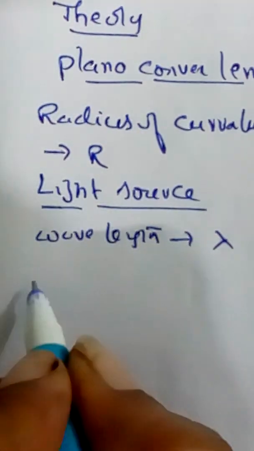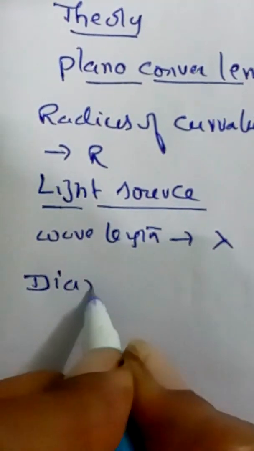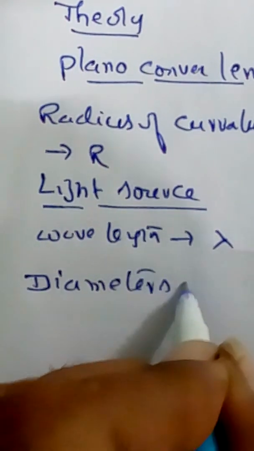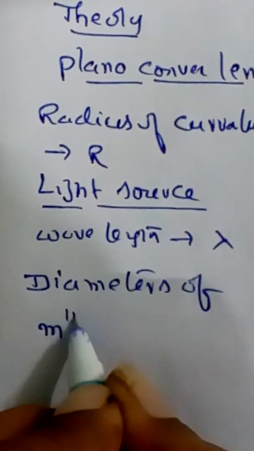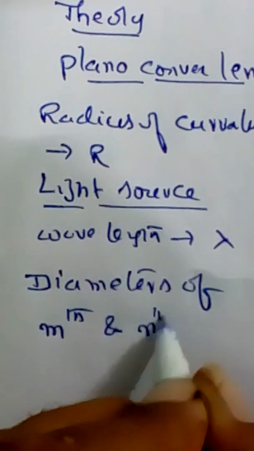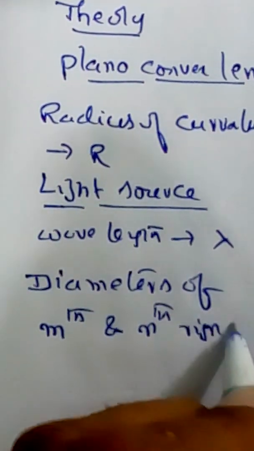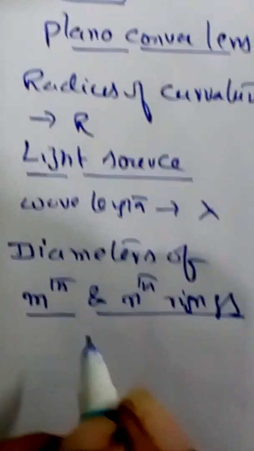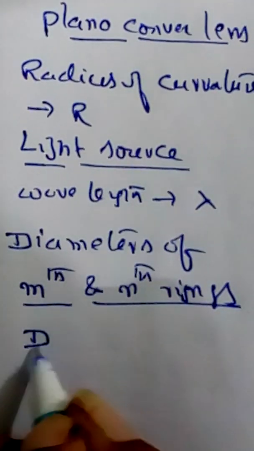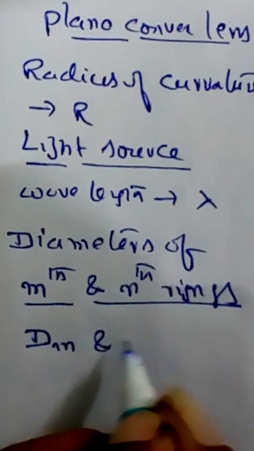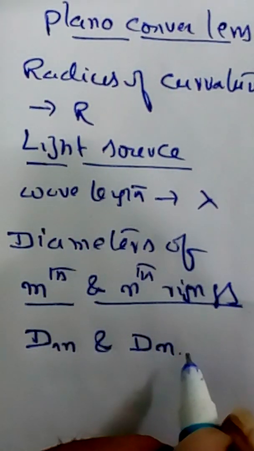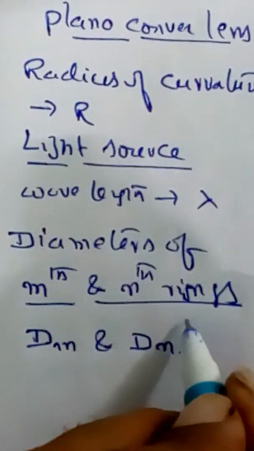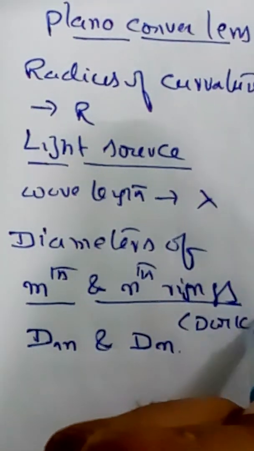So let us take the diameters of the mth and nth rings. Let them be treated as dm and dn. We are only taking dark rings, remember.